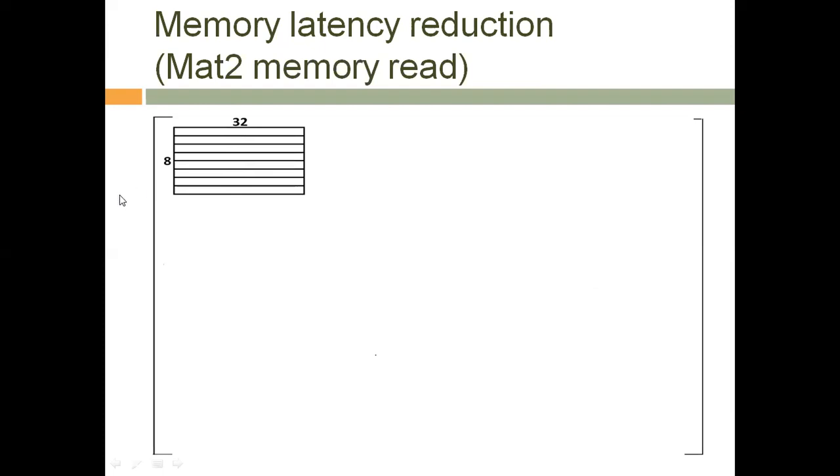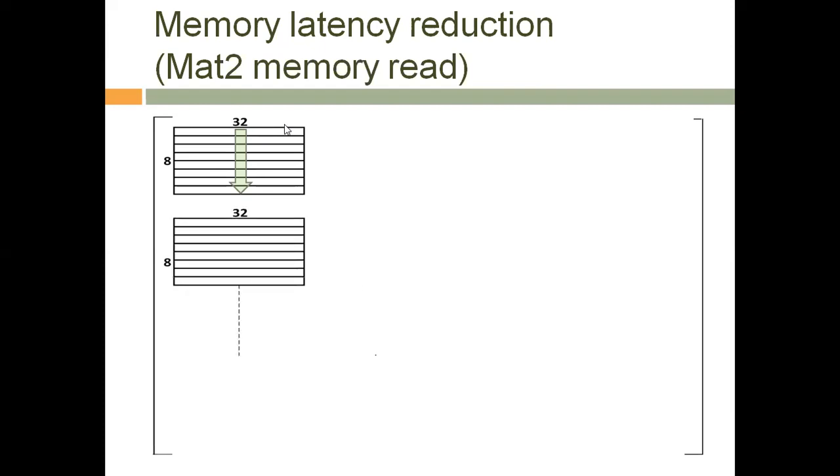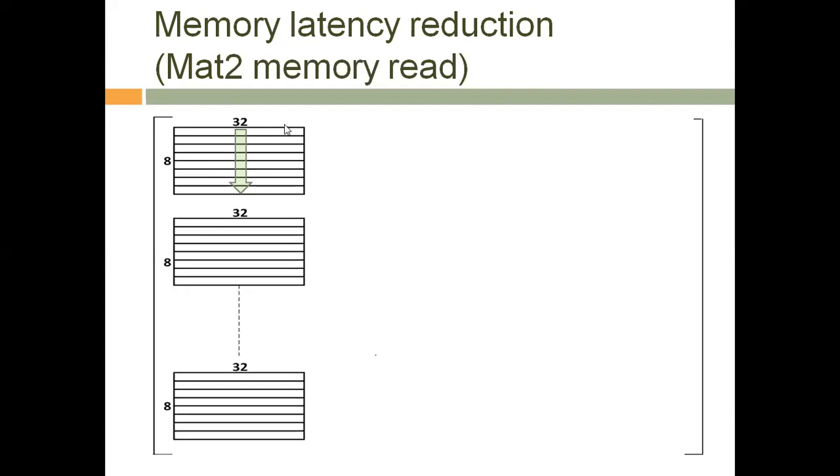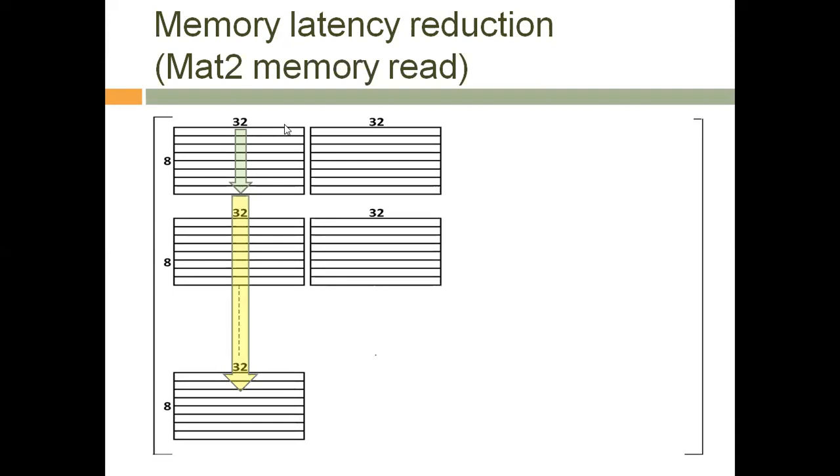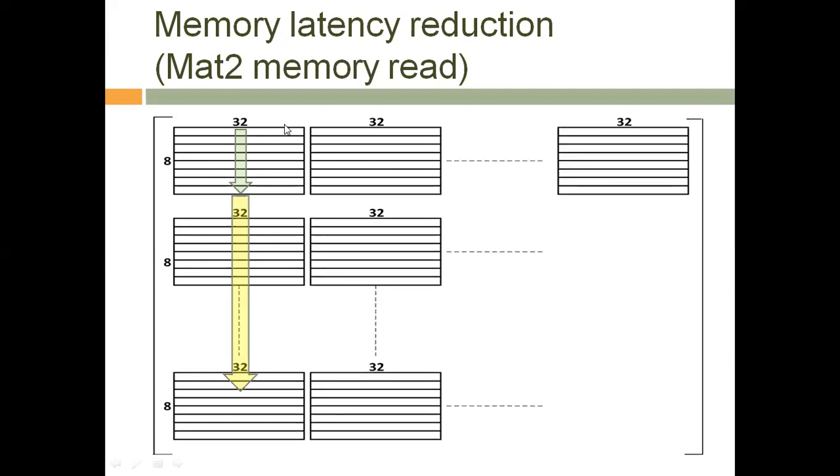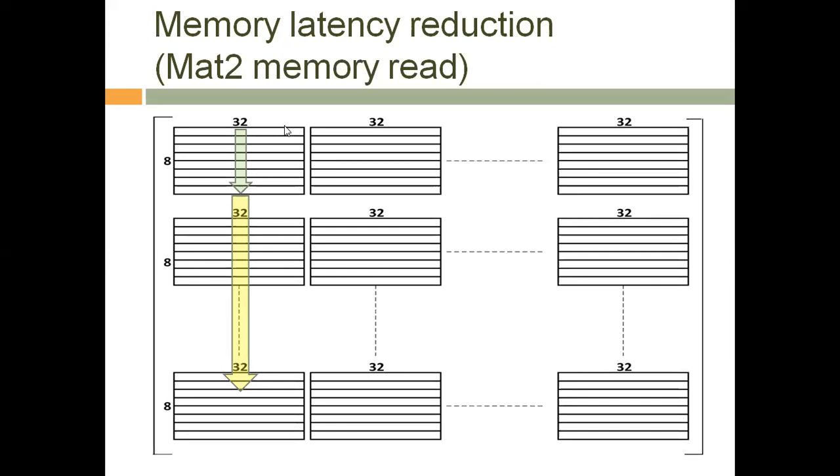For matrix 2, we also read sequentially the chunks, which are 32 elements, and we will continue in this order. So this should also yield the minimum latency from the external memory.